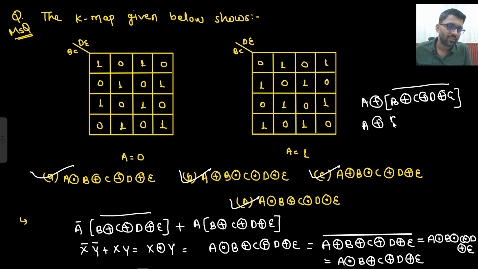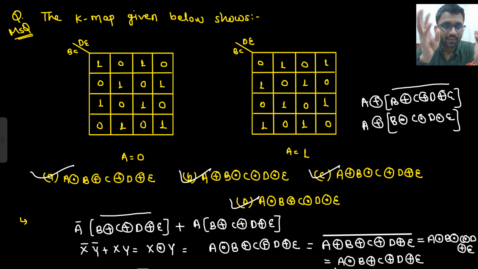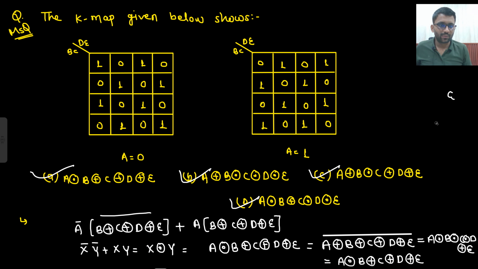That is B XOR C XOR D XOR E. So all these plus are replaced with dot and one of them is plus. Other thing can also happen, all these are plus and this is dot. So in 3, 5, 7, 9, in odd number of variables, what you can do? Shall I write it? So all 4 options are correct.